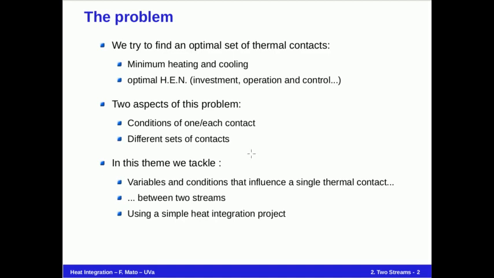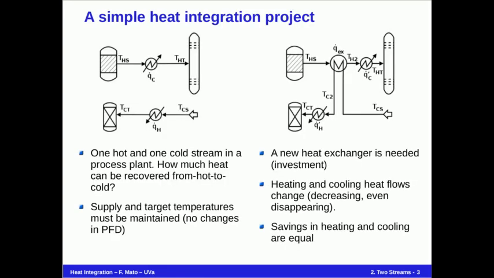In this unit, two streams, we're gonna tackle the variables and conditions that influence a single thermal contact, one pair, between two streams. And for that, we're gonna use a simple heat integration project.